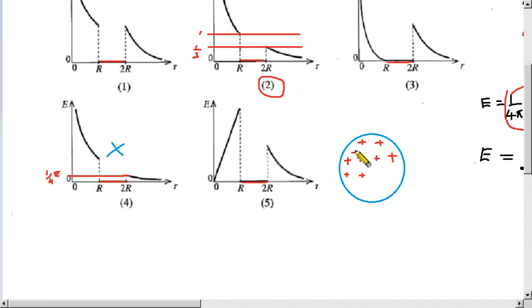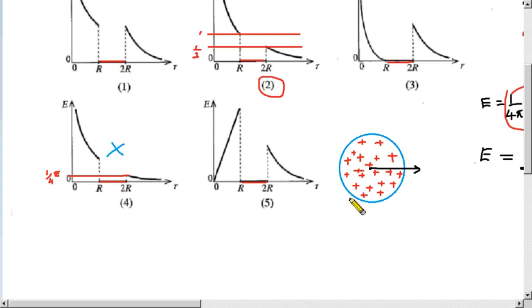We have to make it by mixing insulated material dust with a charged dust, mixing them, and finally we have to make the ball. So if we made it like this, the field intensity from the center to the surface is changing like this.